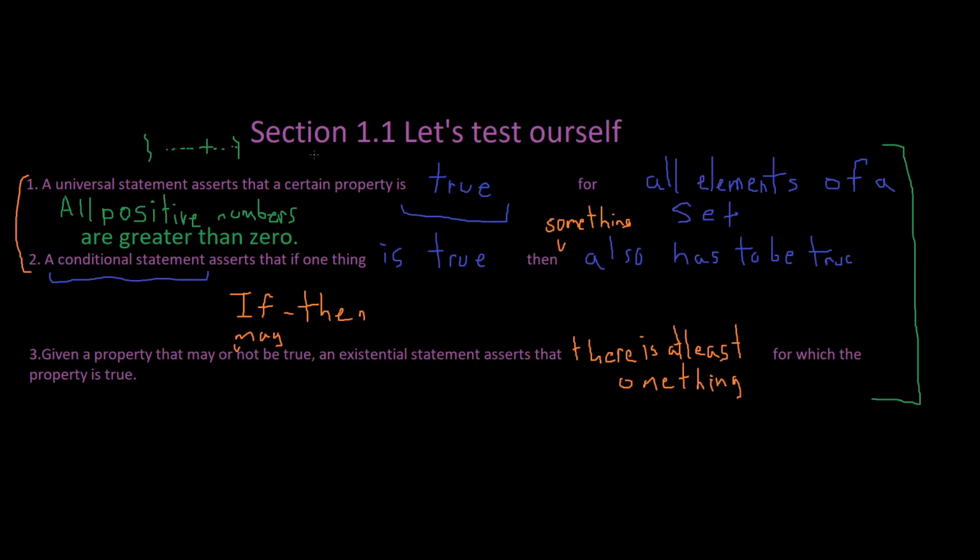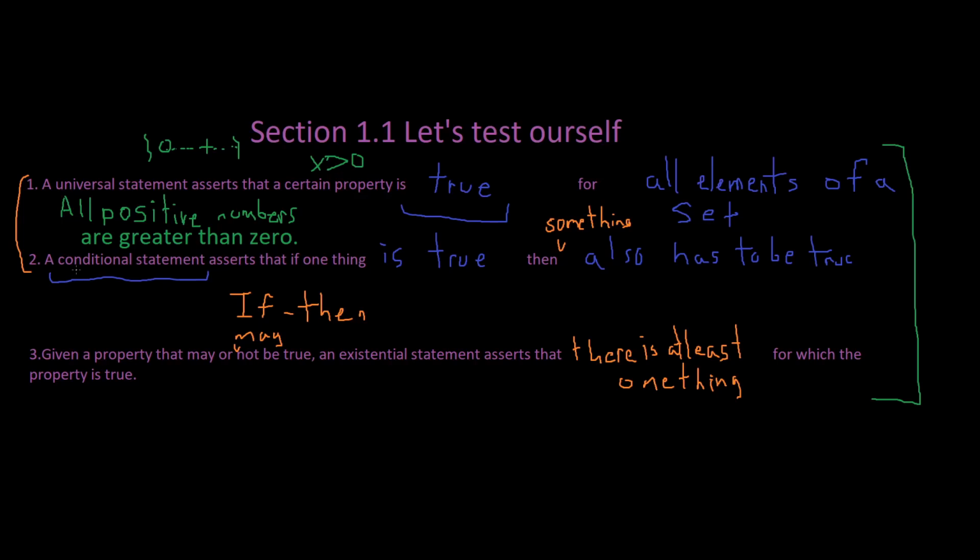So it's going to look something like this: x, a number greater than 0. I hope that clarifies this statement right here. It's going to have an assertion of what the statement is, which says all elements, which are positive numbers, of a given set, which is the set of all positive numbers greater than 0. So our elements are going to be numbers past 0, which are going to be 1, 2, and 3.